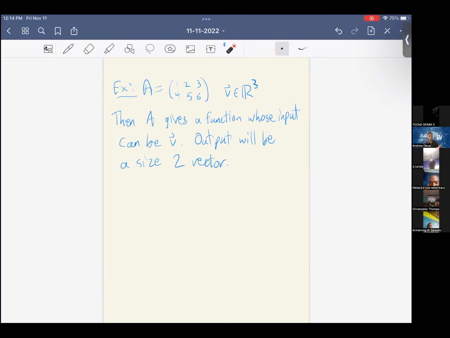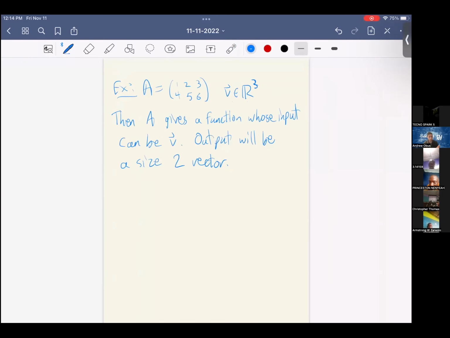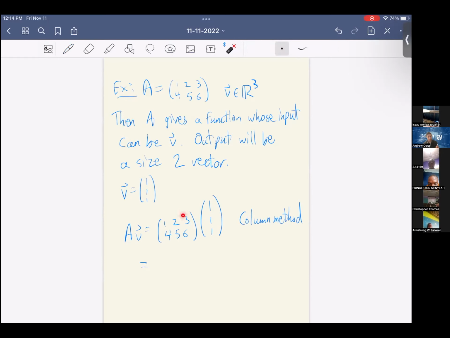Okay, so maybe we'll just do one quick example. If V is equal to (1, 1, 1), then AV is going to be the matrix 1, 2, 3, 4, 5, 6 times (1, 1, 1). And let's use the column method. This tells us that what we have to do is take the different columns of the matrix and multiply them by the entries of the vector and then add them up.